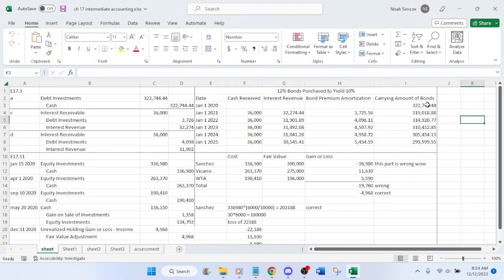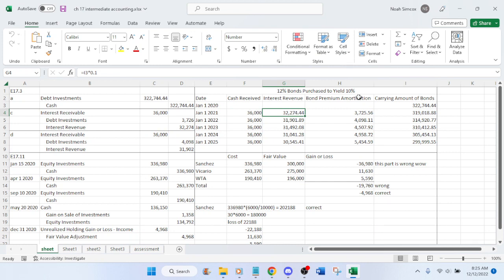But anyways, I know how to do this. You have to do the date. Your first one is just this. Receive your cash, which is 12% of 300,000, and this is going to be 10% of this number.